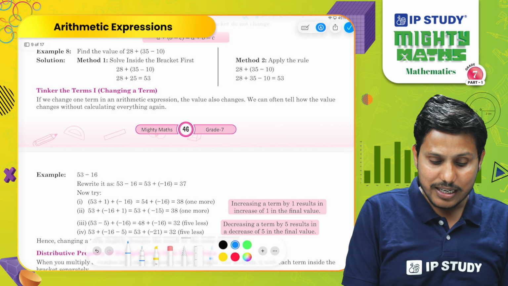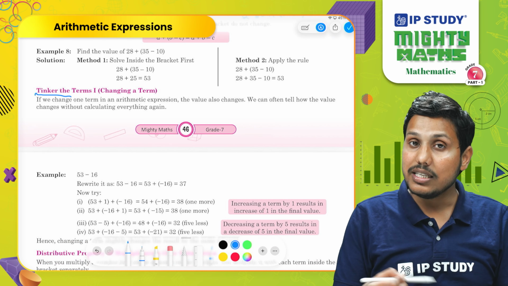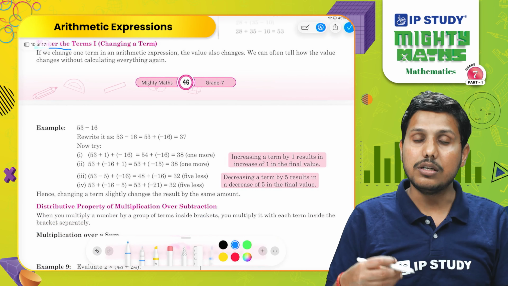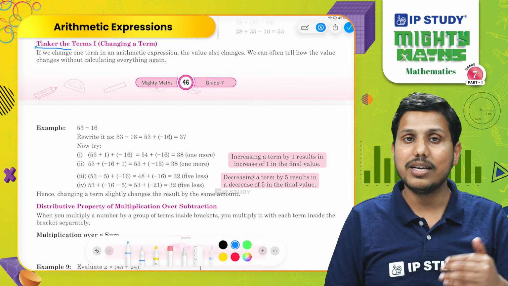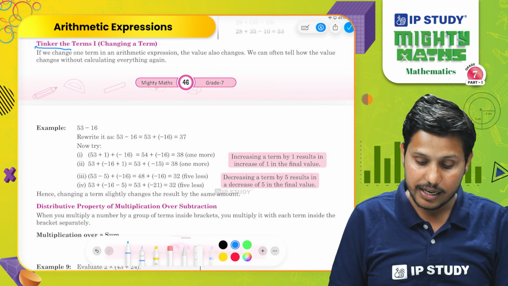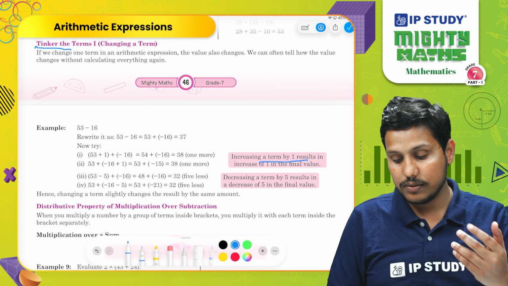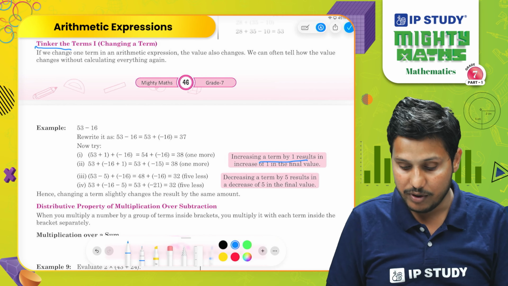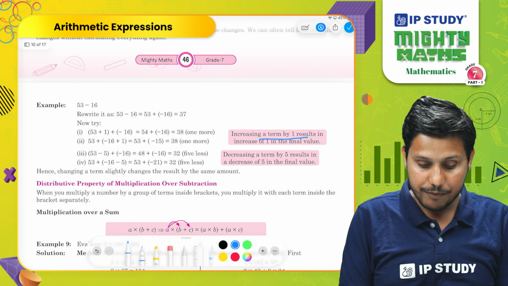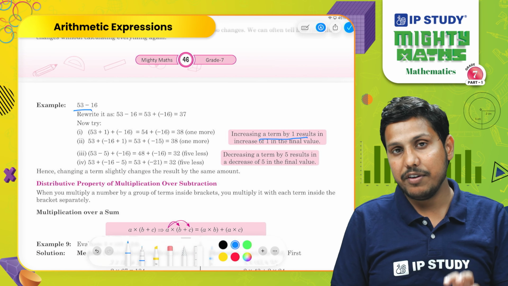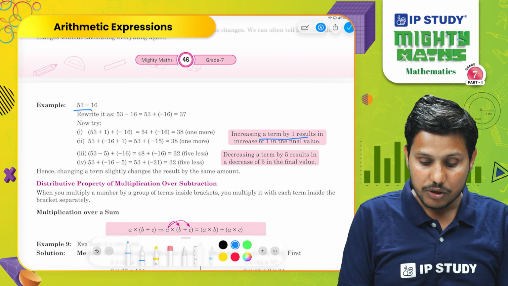Okay, next is tinkering the term, or changing a term. If we change the term of an expression, its value is changed symmetrically. Like if we increase a term by 1, the result will also be increased by 1. Like if we have 53 and we subtract 16 from it, it will be 37.